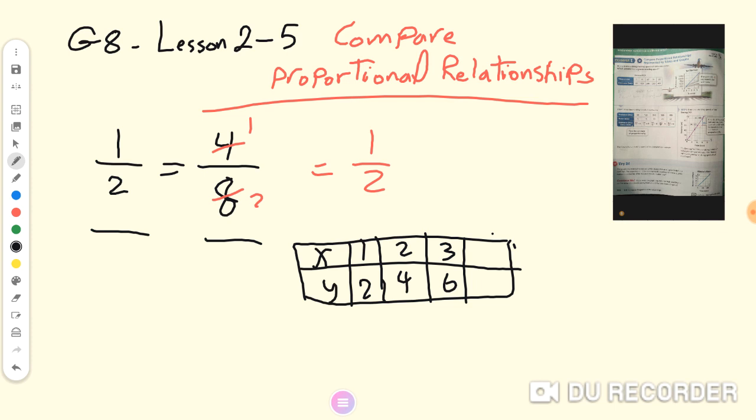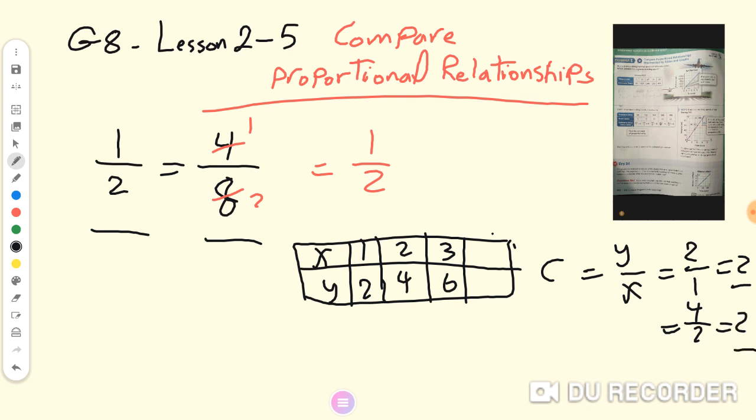If we divide y over x, which we call the constant of proportionality, it always equals 2 over 1, which is 2, 4 over 2 is 2, and 6 over 3 is 2. So all have the same number, the same constant, so this relation is considered a proportional relation.